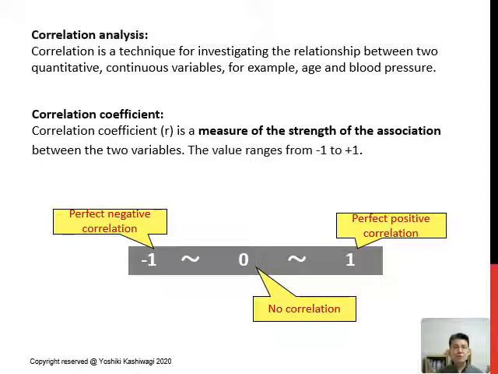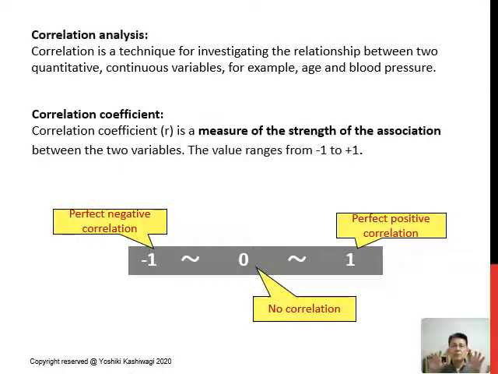If this coefficient is 1 or close to 1, that indicates these two data sets have strong positive correlation. If this is 1, you can say this is a perfect positive correlation. When you look at the opposite side, -1 or close to -1, that means these two data sets have strong negative correlation.